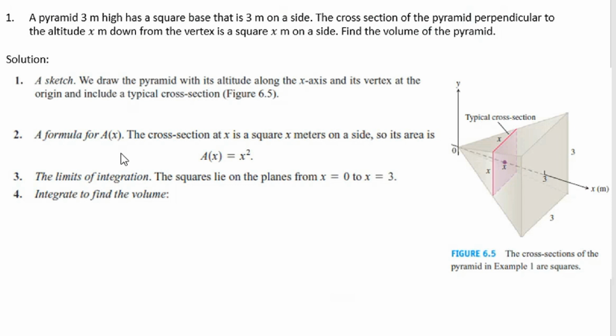The cross section at x is a square x meters on a side, so its area is A of x equal to x squared. Number 3, the limits of integration. The squares lie on the planes from x equals 0 to 3. And then step 4, we integrate to find the volume.